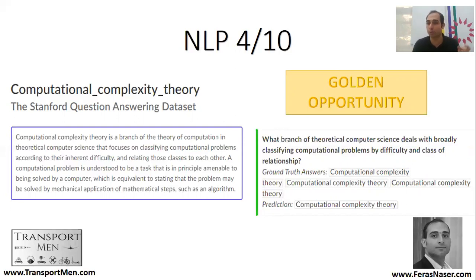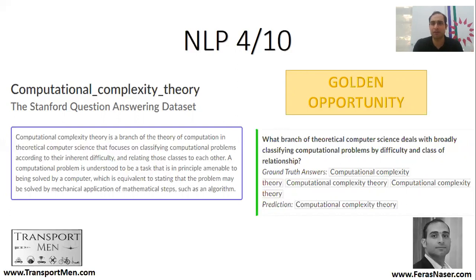And the ground truth answer, so the right answer based on the text, is computational complexity. And the prediction of the model, so if you apply this model and you just throw this question at it, considering it as a search engine, the prediction would be computational complexity theory, which is very much right. So now, BERT is very much able to understand very large texts and to find answers for questions within these large texts.